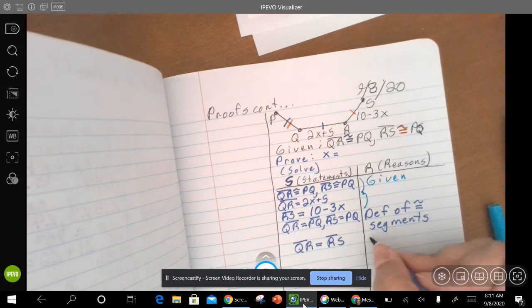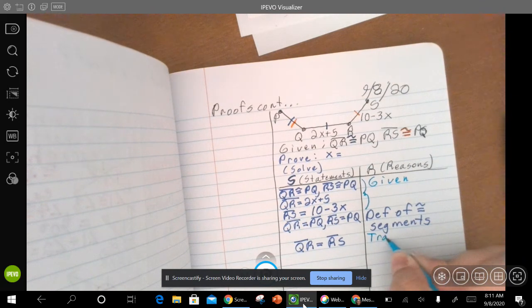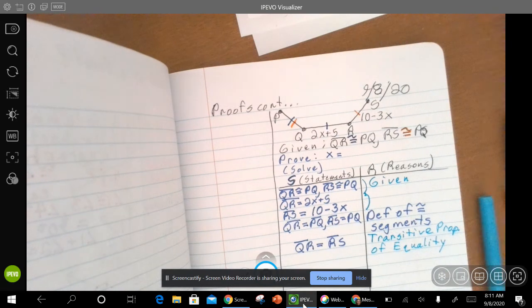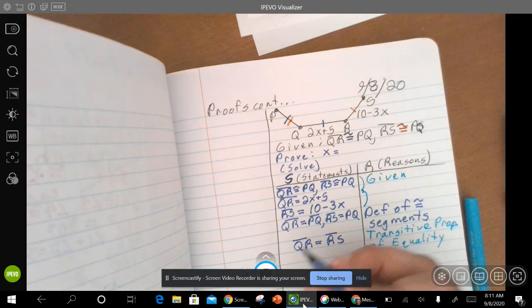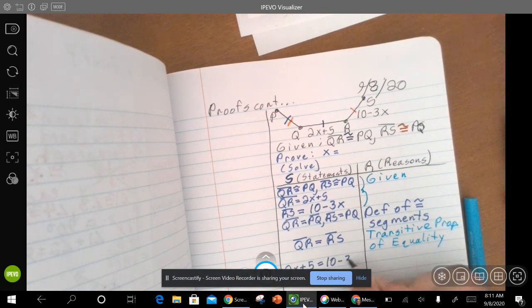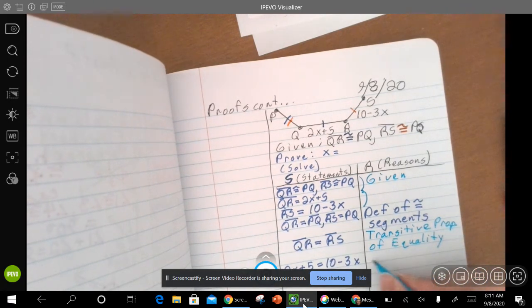So that would be the transitive property of equality. That means that we can also put them equal to each other. So I can put 2x plus 5 equal to 10 minus 3x, and that would be by our substitution.